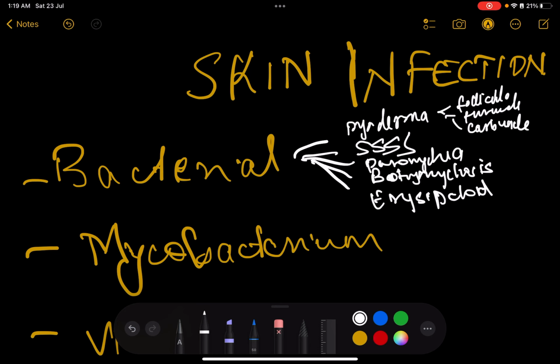Then you could have a disorder associated with Corynebacterium species, not diphtheria. If Corynebacterium minutissimum is involved, it's going to be a very important disorder called erythrasma. It's going to be a hyperpigmented macule because of the uroporphyrin.